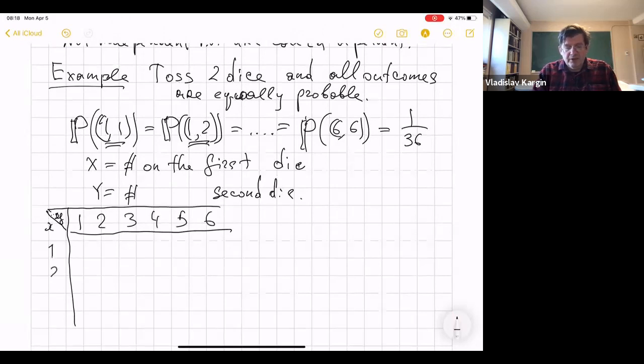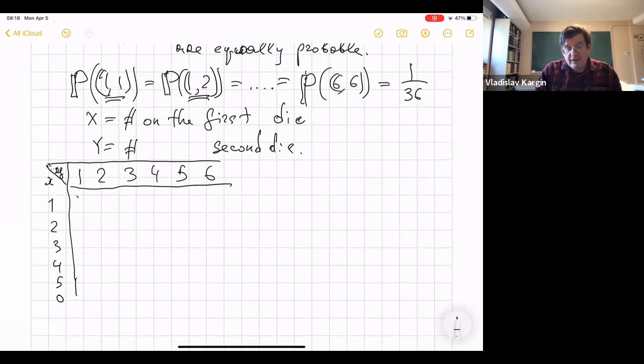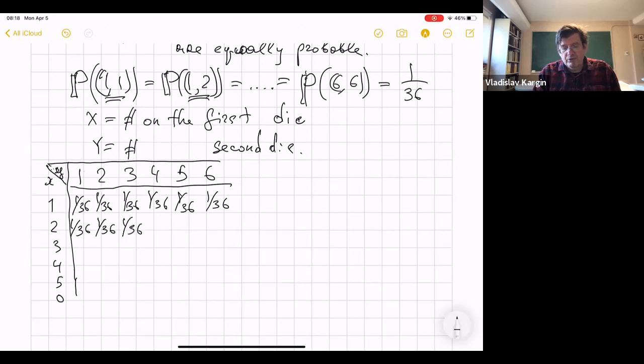X could also be 1, 2, 3, 4, 5, 6. And the probabilities are 1/36, 1/36, 1/36, everywhere 1/36. So it's a pretty dull table, and not very interesting, so maybe I won't write everything.